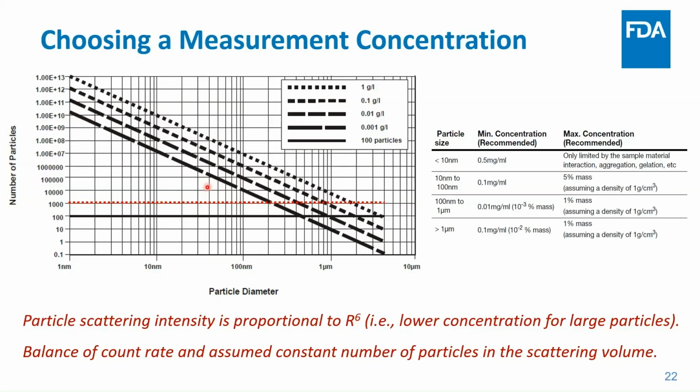And so if you're at least 1.5 times above that, which typically is somewhere in the 100,000 counts per second to 1 million counts per second region, those are typically good counts. So if you're dramatically above that or dramatically below that, you might have some issue. And so one of those issues, especially for concentrated samples, is multiple scattering.